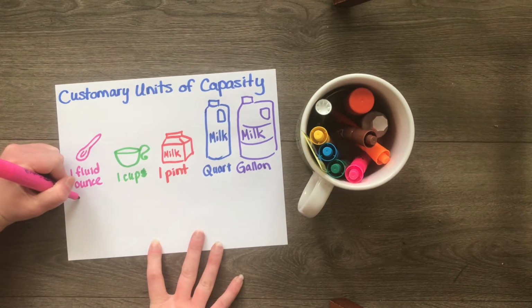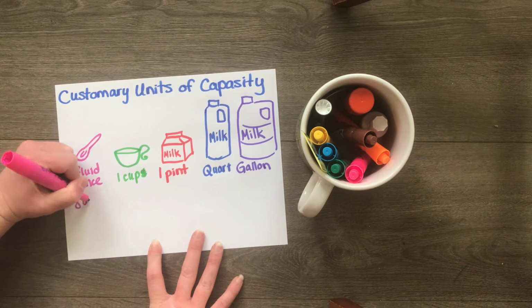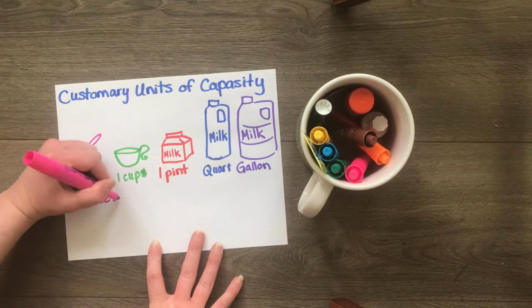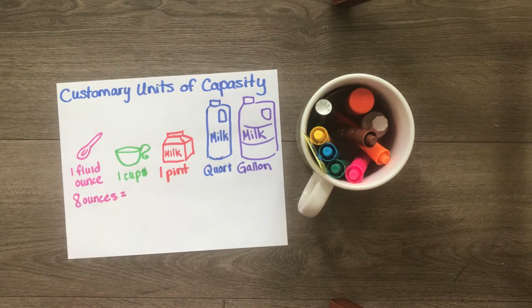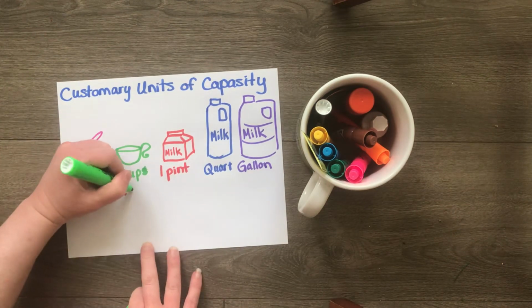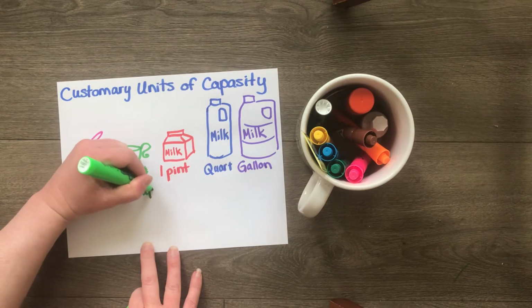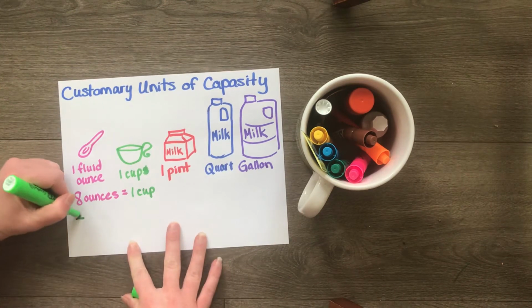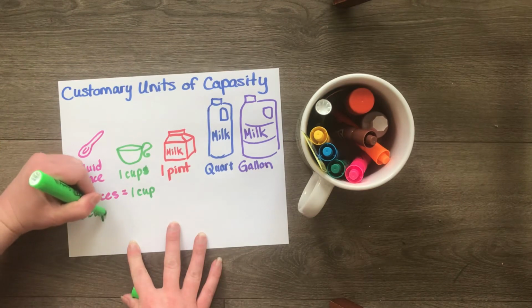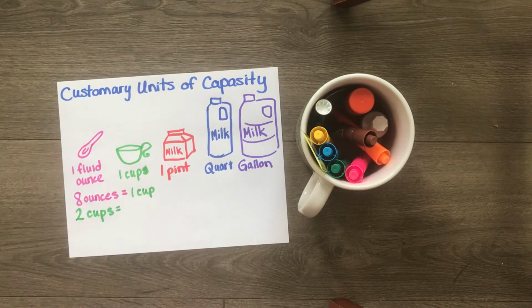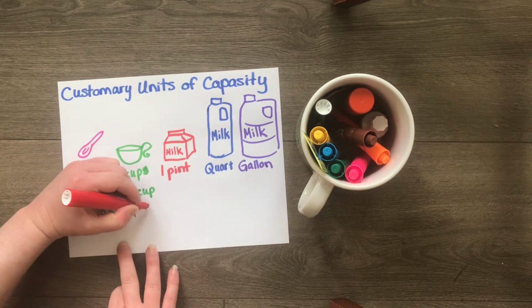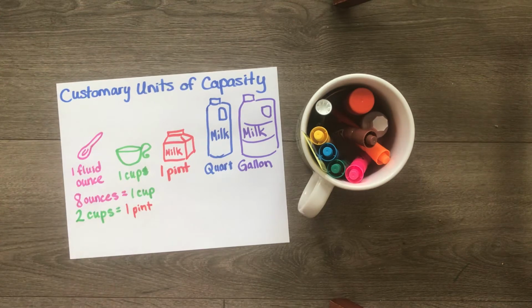First, let's talk about ounces. We're going to go from small to big here. 8 ounces. So if you have 8 spoonfuls, you would end up with 1 cup. If you have 2 cups, you would end up with 1 pint. So that milk that you drink at lunchtime, that's actually 2 cups of milk.